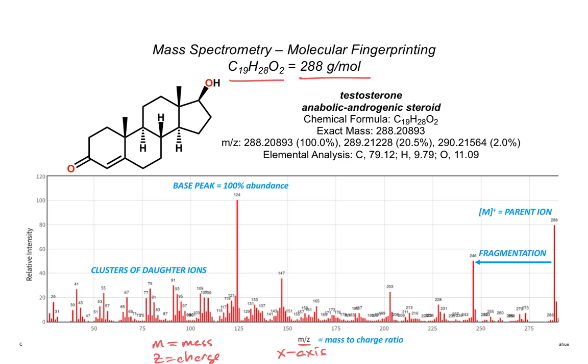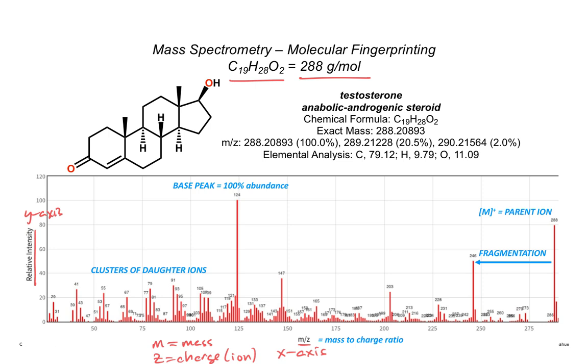So really you're looking at the mass. The red lines you see coming off from the x-axis, those are the signals. And the signals correspond, as you increase from left to right, to the mass of the ion, either the plus or the minus ion. The y-axis is called relative intensity or abundance. It is how often you are seeing that mass present.